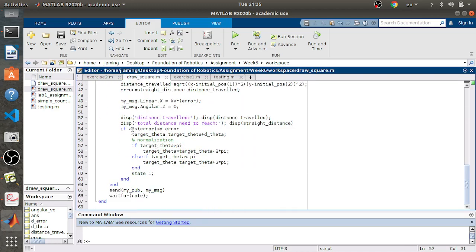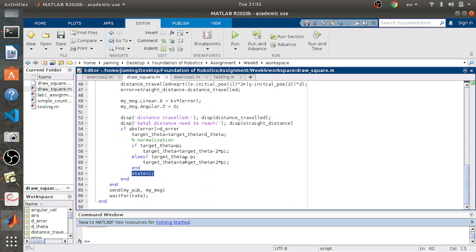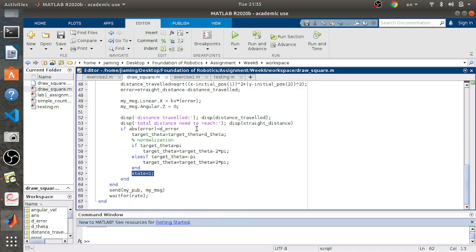Because when the error is less than the D error, the state will become 1, so it will start turning again. This code is a loop, so it will run and run again. And finally, the angular velocity and also the linear velocity will be sent to the TurtleSim.